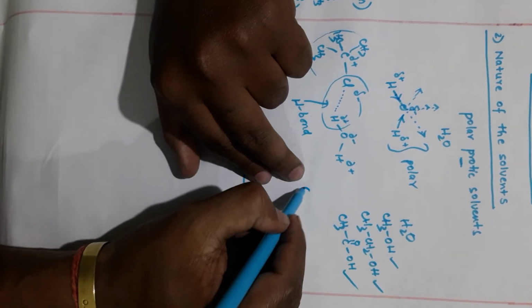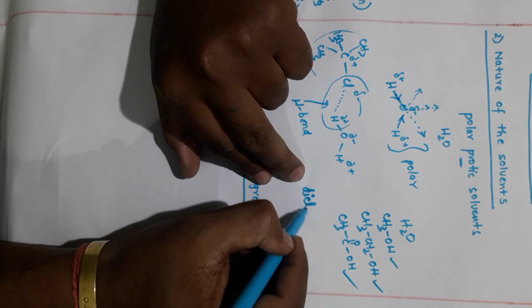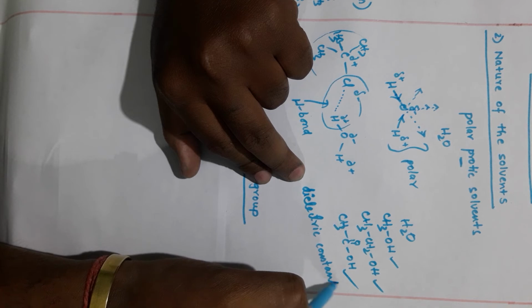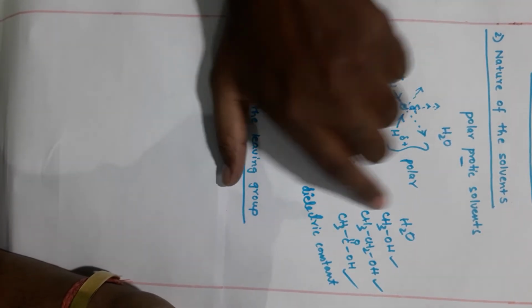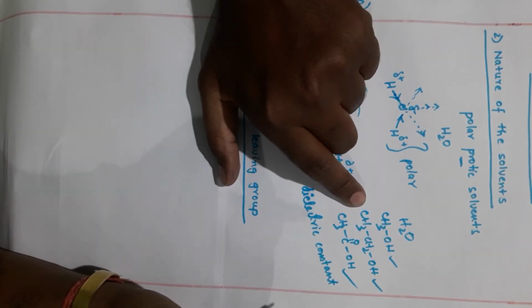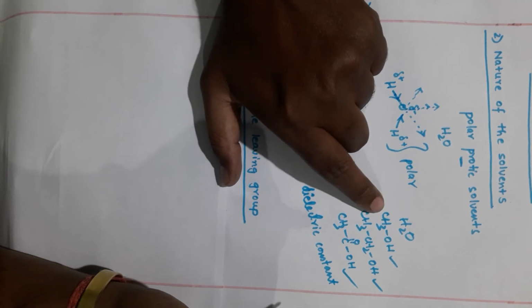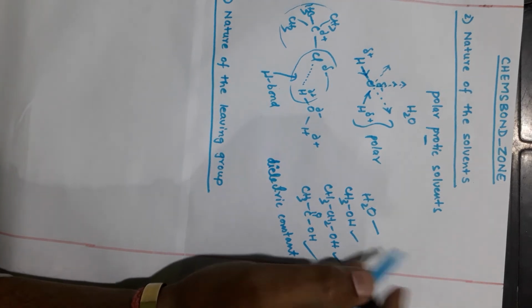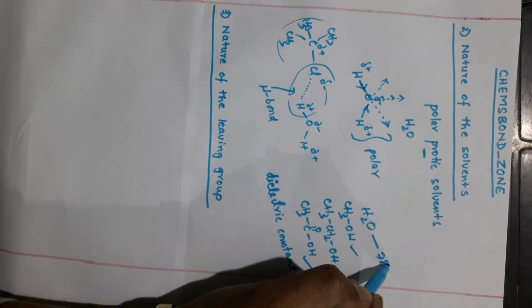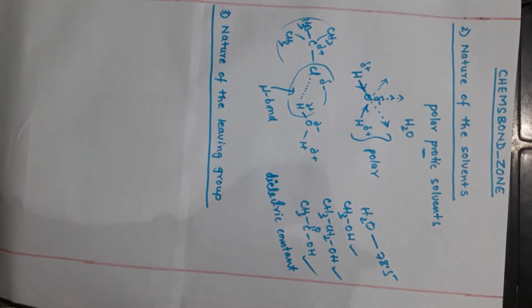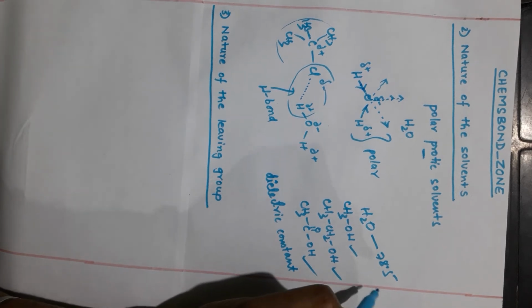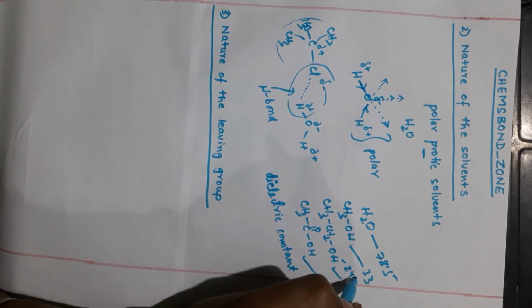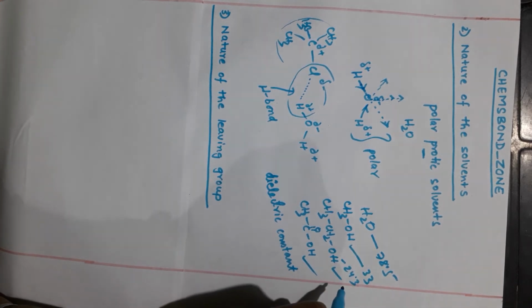The answer is, we have to consider the dielectric constant. Whichever polar protic solvent has the higher dielectric constant will be most favorable. For example, water has a dielectric constant of around 78.5, methanol has around 33, and ethanol has 24.3.